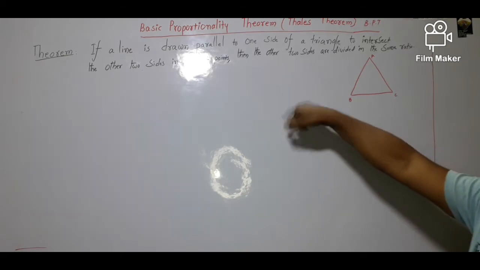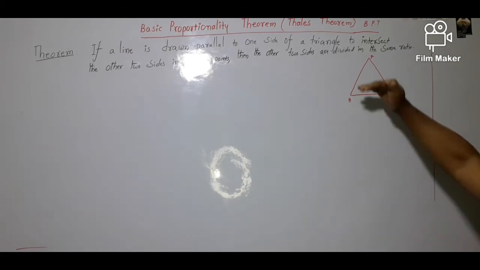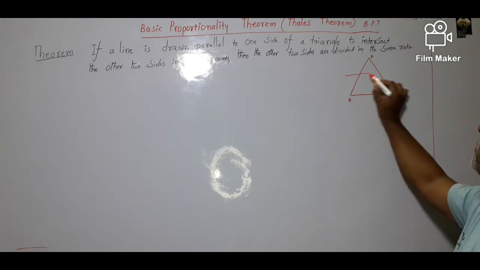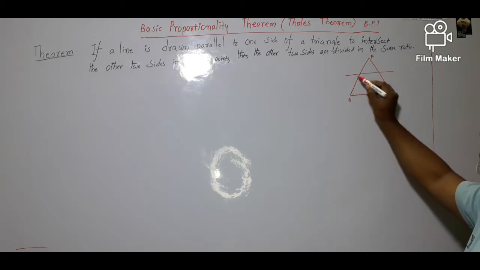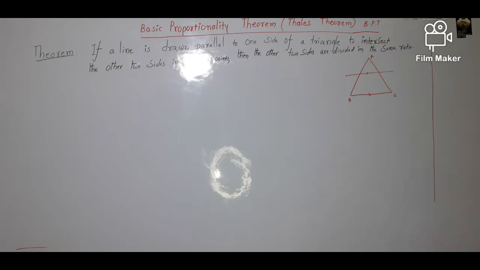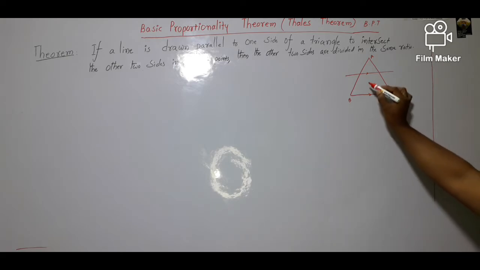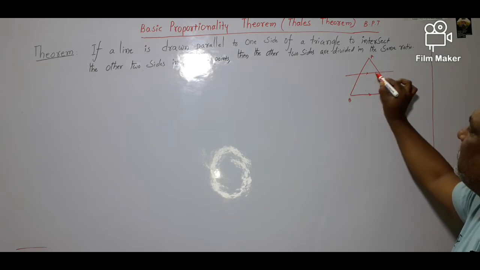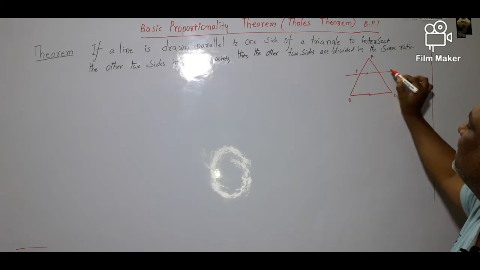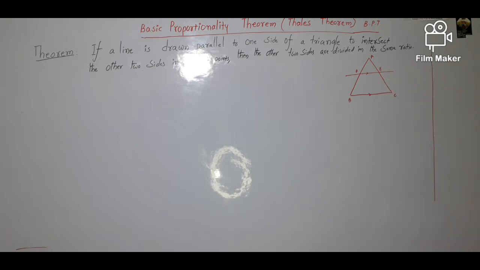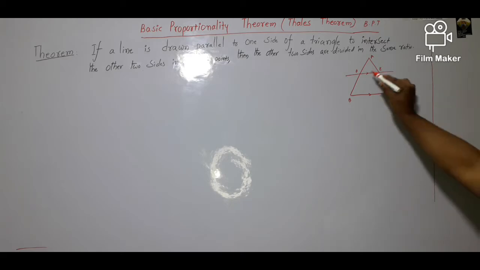So we have to draw a line parallel to BC. Suppose this is the parallel line. This line intersects at points D and E.